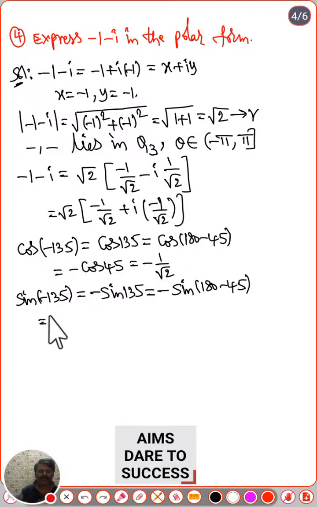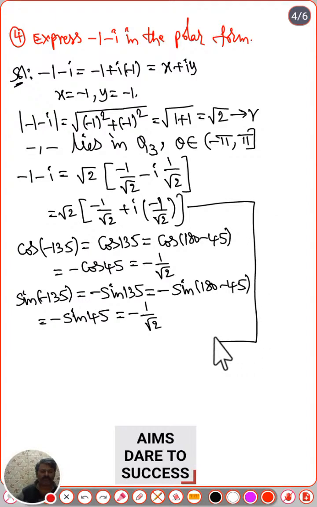Sin of 180 minus theta is sin theta, so sin of 180 minus 45 is sin 45. With the outside minus, it is equal to minus sin 45, which is minus 1 by root 2. Matching. Okay, now you will continue.